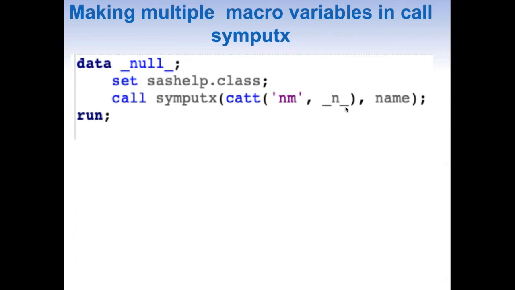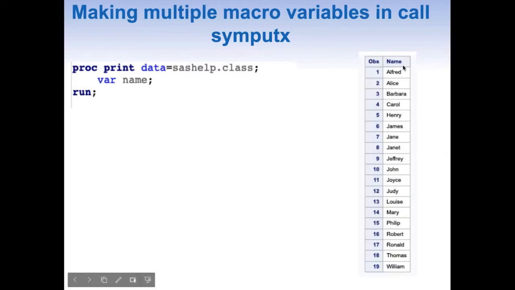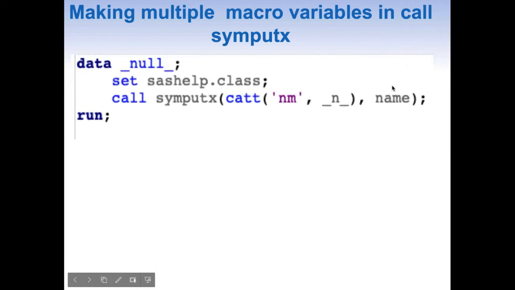As I said, it starts with 1. So in the first iteration, name will have the value of Alfred, and this becomes nm1 because we are concatenating both of these. Now our macro variable name will be nm1 and it will have the value of Alfred.